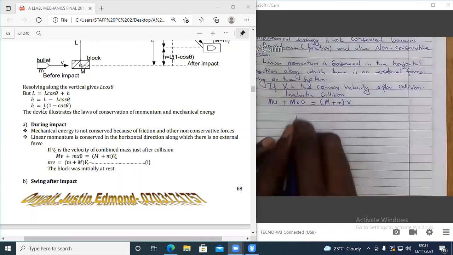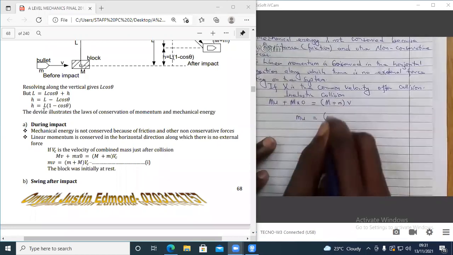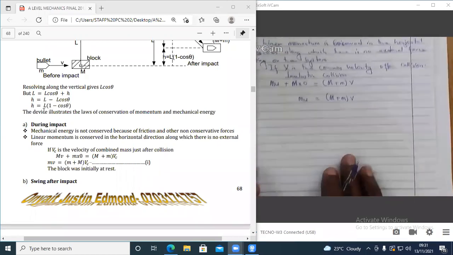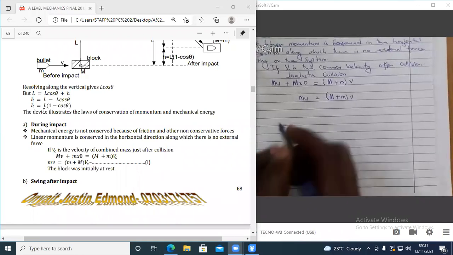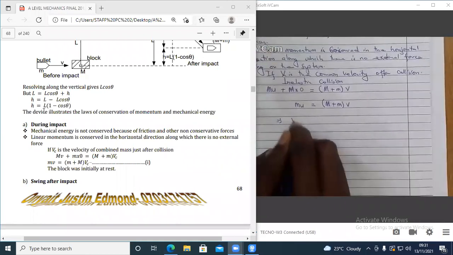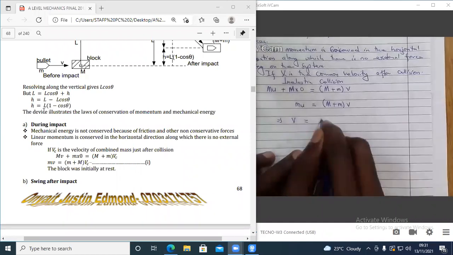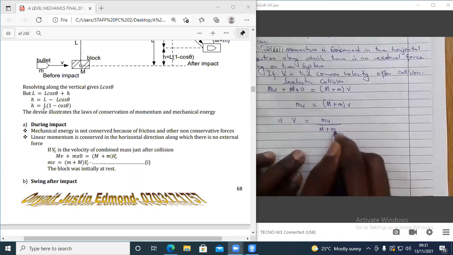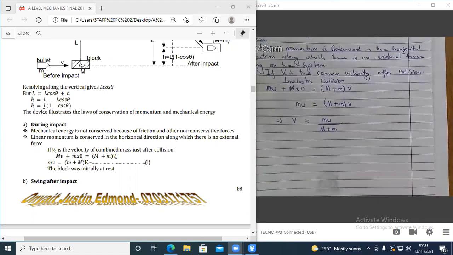So I remain with mu equals capital M plus small m times the common velocity. So the common velocity v will be equal to mu over M plus small m. That's how we can find the common velocity.